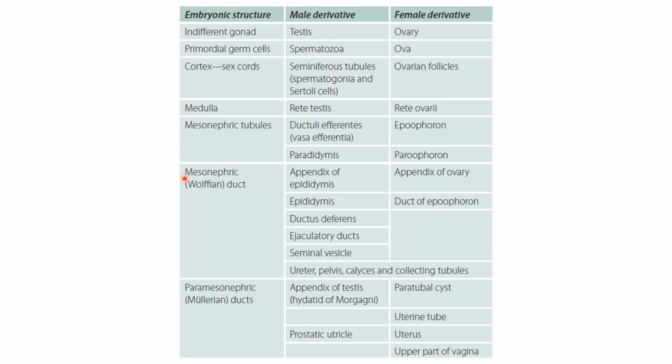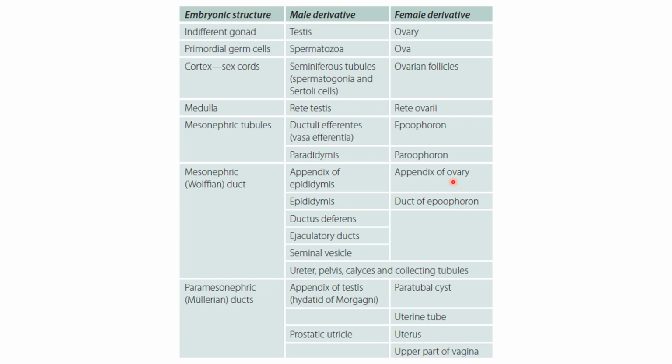When you consider the mesonephric duct in the male reproductive system, it gives off the appendix of the epididymis, the epididymis itself, ductus deferens, ejaculatory ducts and seminal vesicle. The urinary system, common to both male and female, includes the ureter, pelvis, calyces and collecting tubules.